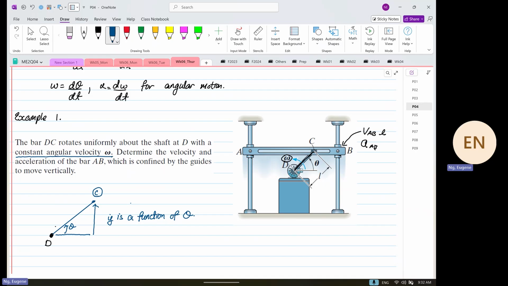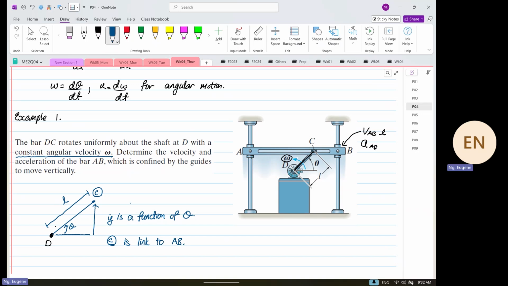And then we are aware that this distance from here to here is L. So point C is linked to what? AB. Yes or no?